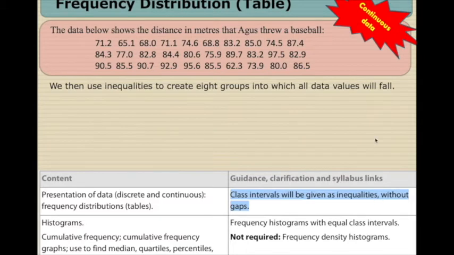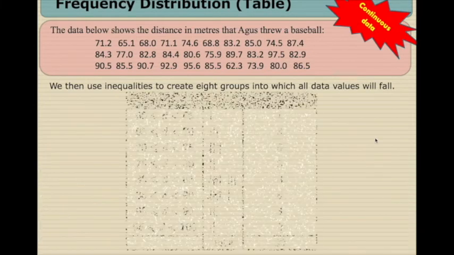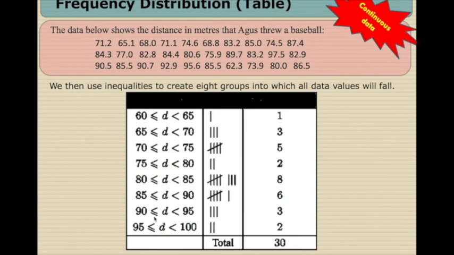So let's present it. There you go. So we are using inequalities in each class interval in the case of continuous data. And we label our table here. This is for distance, this column is tally, and this column is of course frequency.